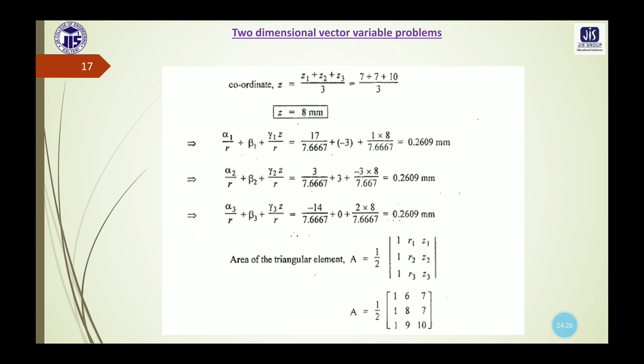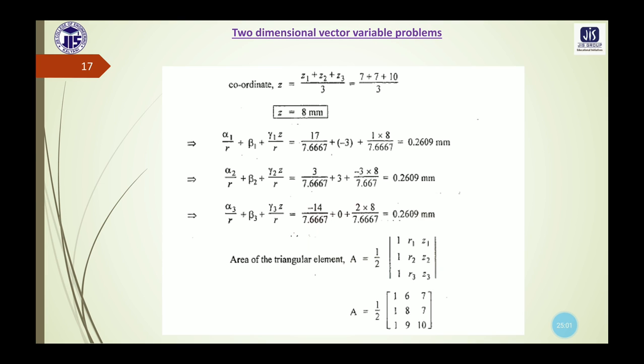Next, we need to calculate the value of alpha 2 by R plus beta 2 plus gamma 2 Z by R. Putting all the required values, the value is coming as 0.2609 millimeter. Next, to calculate alpha 3 by R plus beta 3 plus gamma 3 Z by R, we put the required values here, and finally we have calculated the value of this part as 0.2609 millimeter.